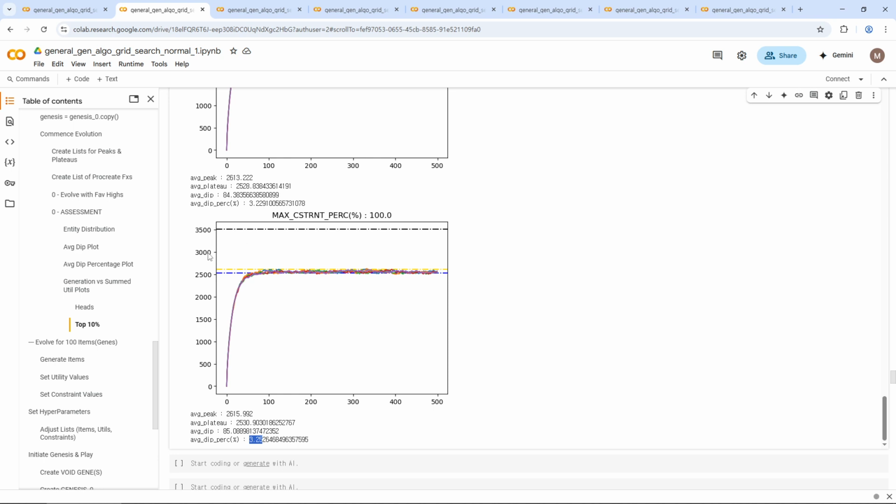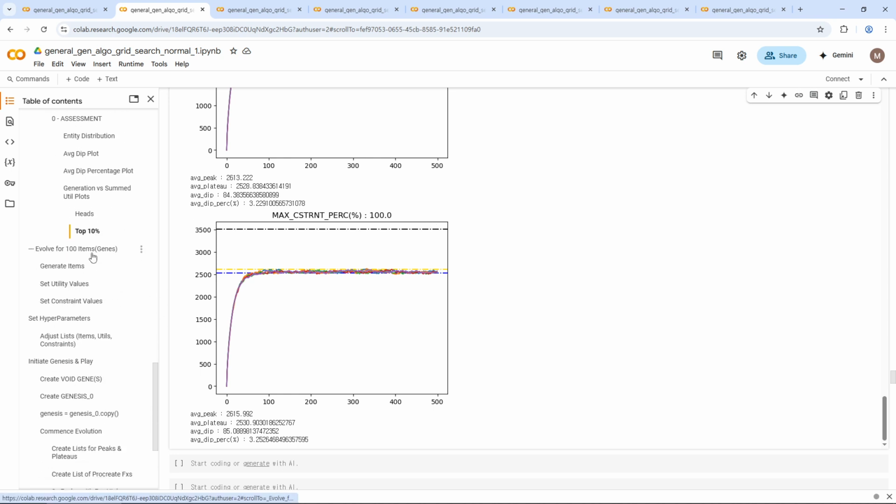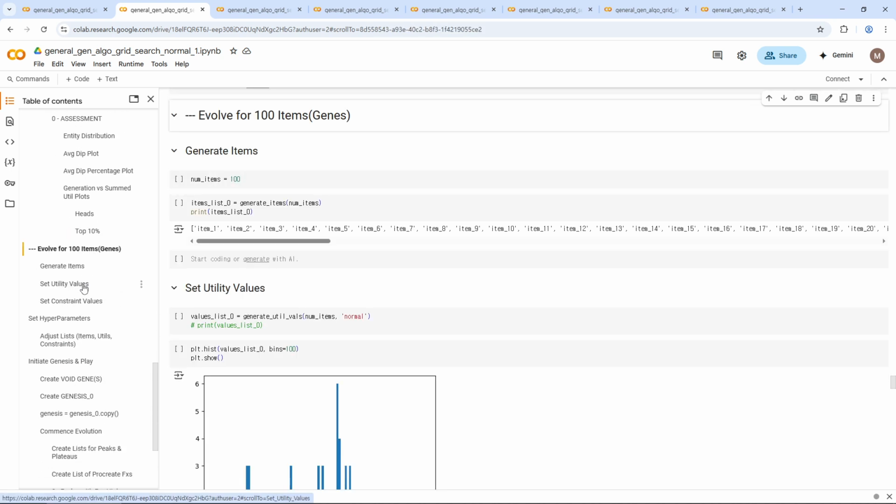I mean, if we were to take away 10% from this, or maybe 20%, it might be nice to find a way to raise this plateau level all the way up to maybe 3,000 or slightly below 3,000. So that was 40 items. Now let's have a look at 100 items.